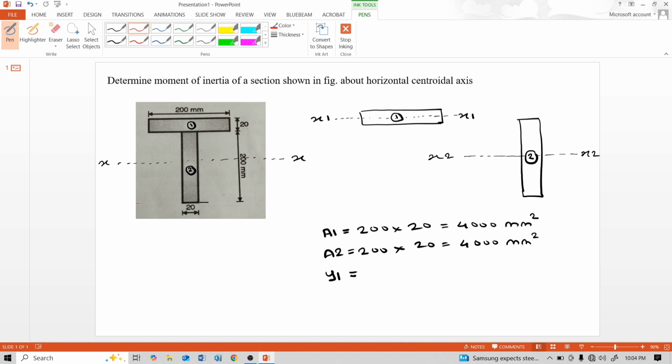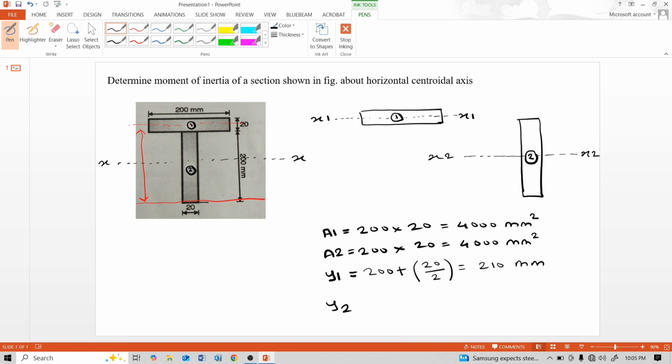From this side to the centroid of the first part, that means to the x1 axis, the distance is 200 plus 20 by 2, that means 210 mm.